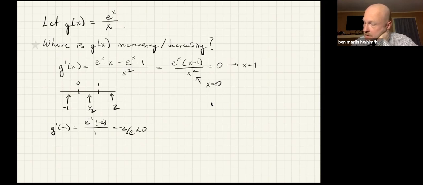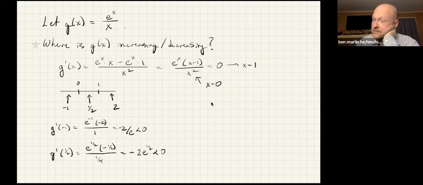Then if I do g prime of 1/2, what do I get there? E to the 1/2, and let's see, 1/2 minus 1 is -1/2, divided by 1/2 squared is 1/4. So I end up with a -2 e to the 1/2, and that's also negative, okay?